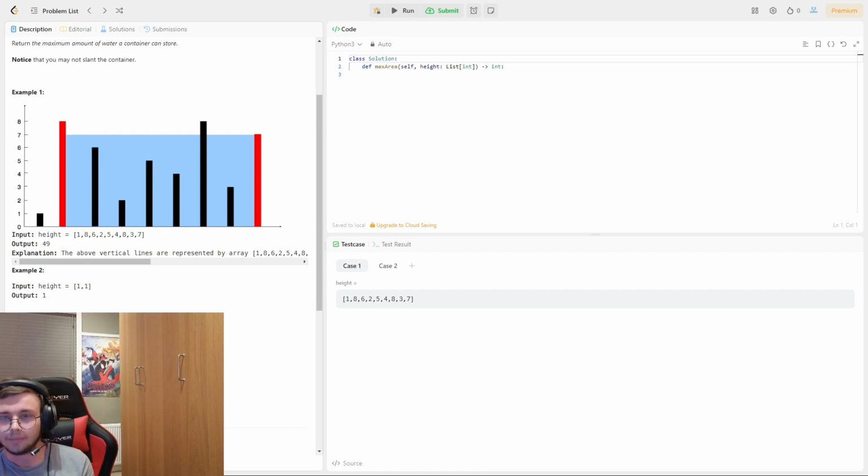Oh, right. I guess I can kind of start to see now. So let's say this is sitting at 8. This is sitting at 7, right? If we want to move one of these, it would be beneficial to move the lower one.